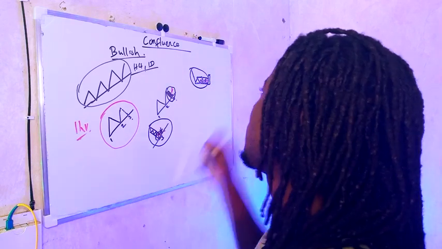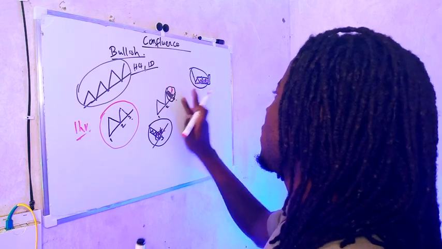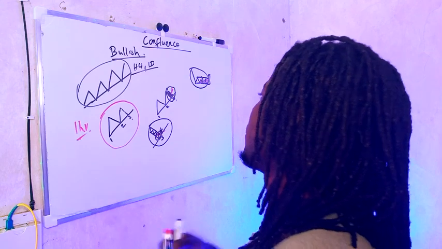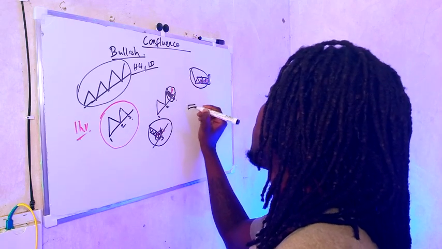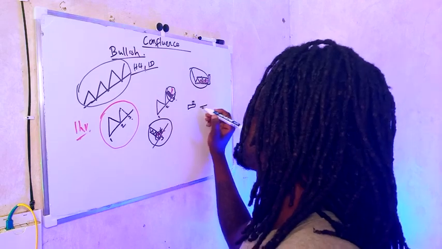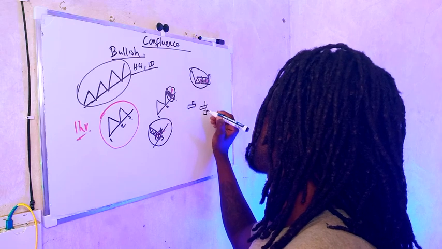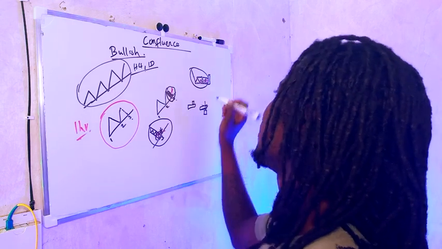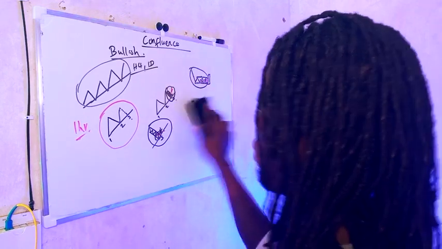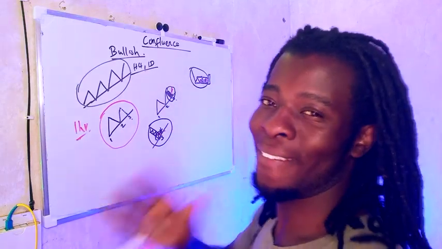Because sometimes the 15 might close above it, but at the same time at the hourly you might find we had a wick, and price closed below this resistance, so that could be a trap. So I prefer this to happen at the 1 hour.